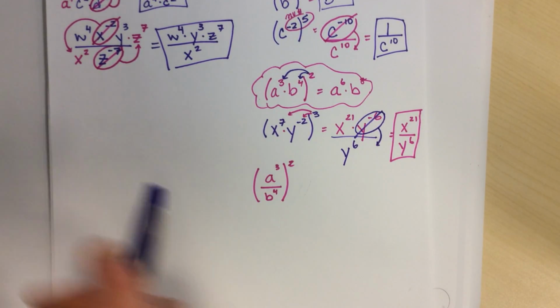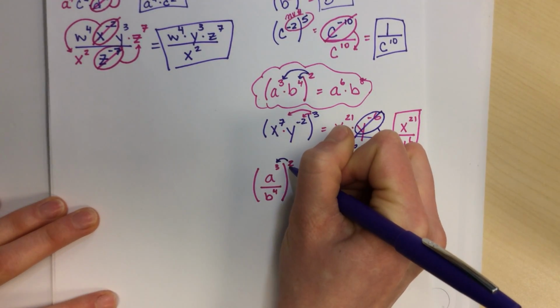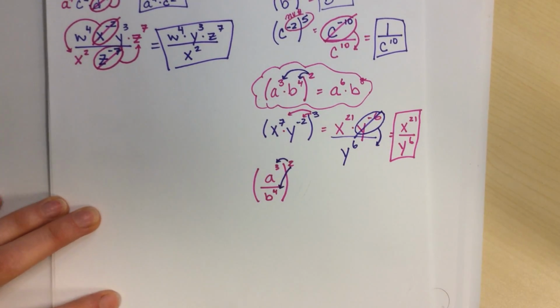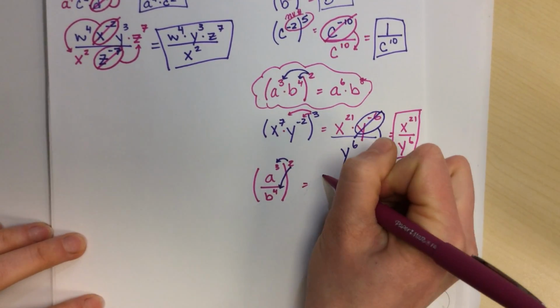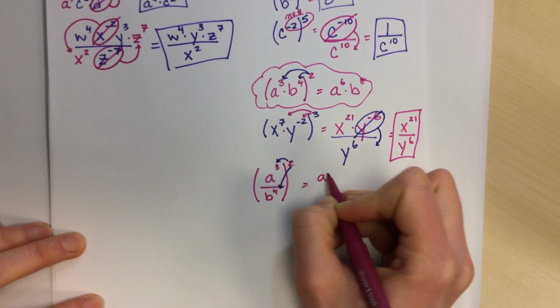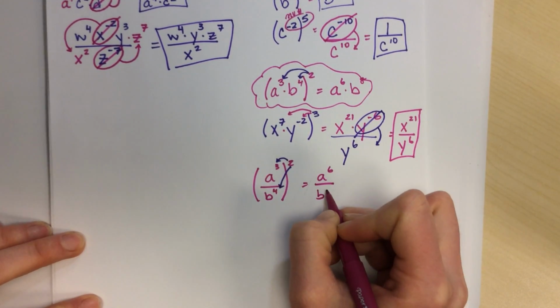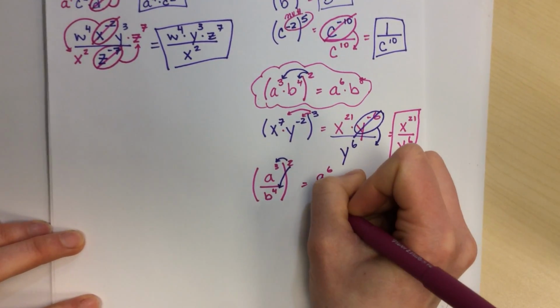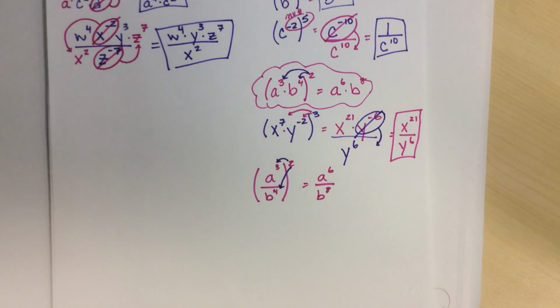We can distribute this 2 and multiply it to each of the exponents, to each of the variables here. So this is going to become a to the 3 times 2 is 6 over b, and then 4 times 2 is 8. So we do the same thing we do here: multiply it to each of the variables inside the parenthesis.